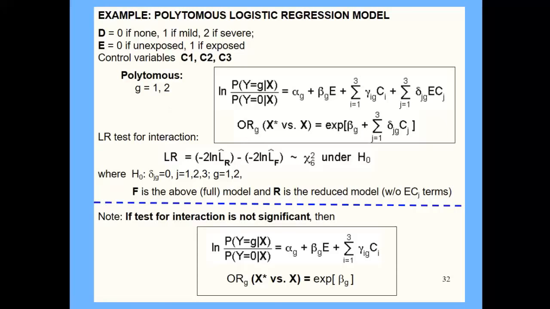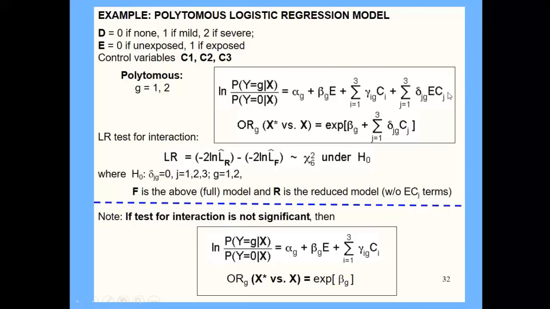So in order to do that, you would fit this model, which has two versions, depending on whether G is 1 or 2, and you'd wind up getting the full and the reduced. So what's the reduced model? I'm just reviewing everything we've done. What's the reduced model under this null hypothesis? It's the no-interaction model. It doesn't have these product terms in here.